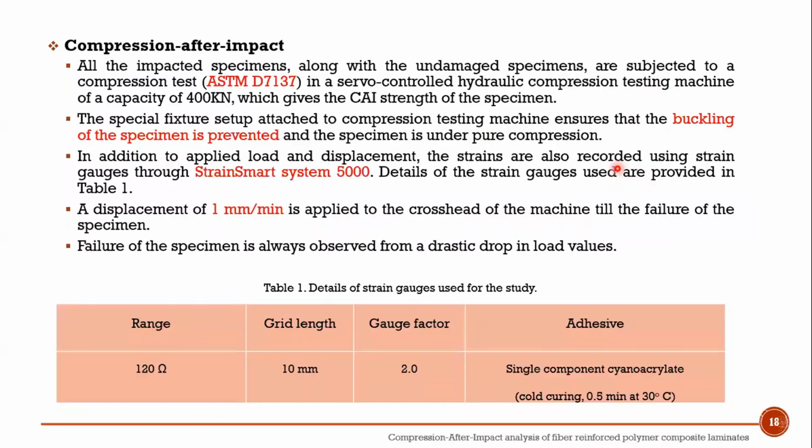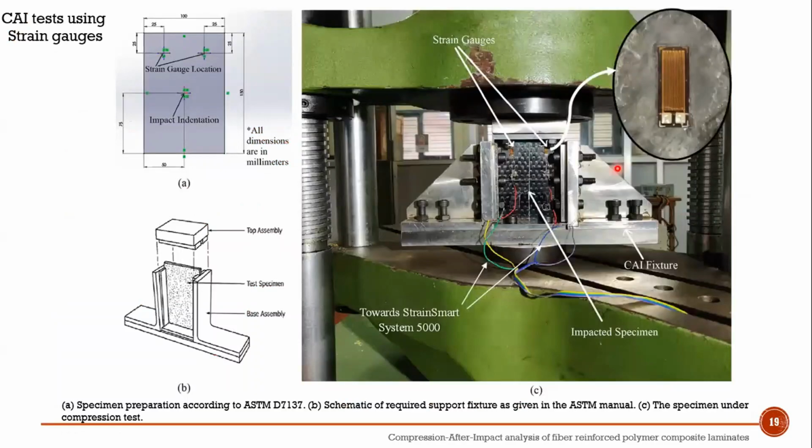And then we went for compression after impact. The same specimen we put for the compression test, using this CAI support fixture given in the ASTM standards. We prepared it in one of our workshop facilities.